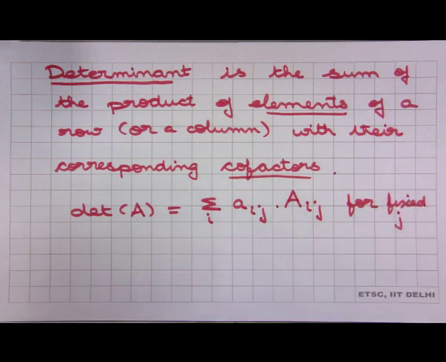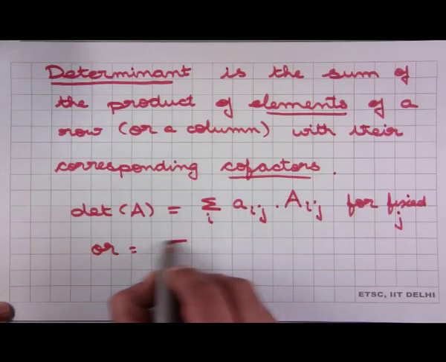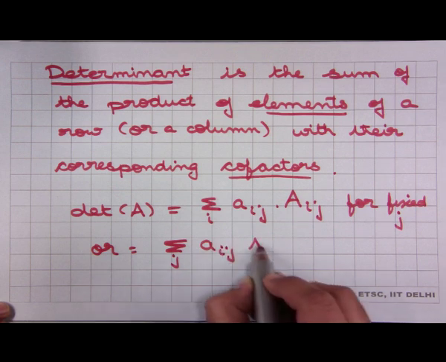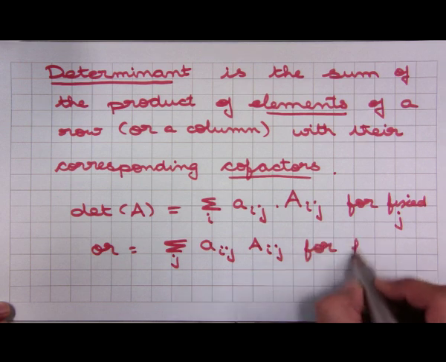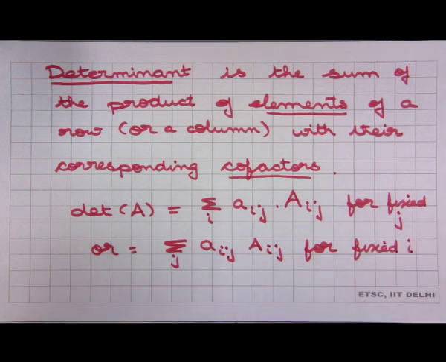So we may either fix a column and sum over the rows, or we could fix a row and sum over the columns. Or this is equal to the summation over j of Aij Aij for fixed i. So that is how we define a determinant.